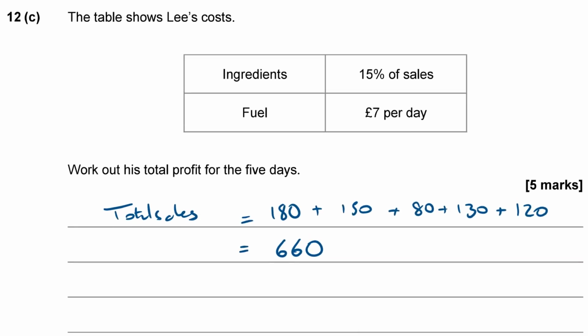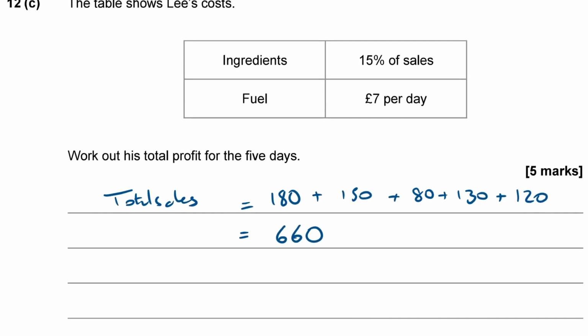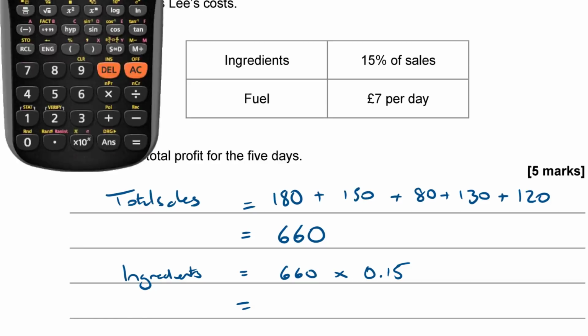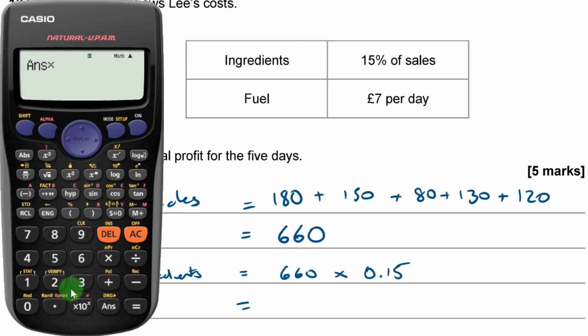Okay, so ingredients were 15% of sales, so our ingredients is going to be 660 times 15% as a decimal, 0.15. What's that then? 660 times 0.15. That means our ingredients total to £99.